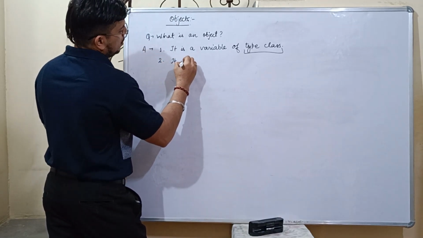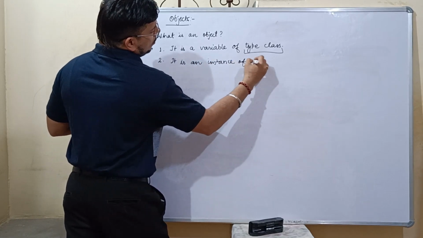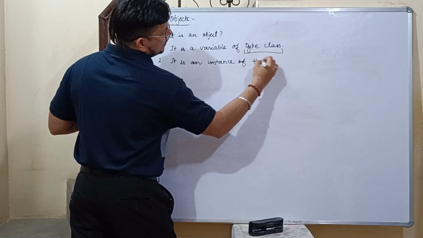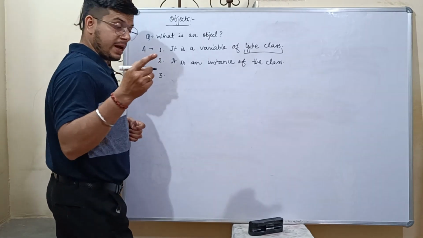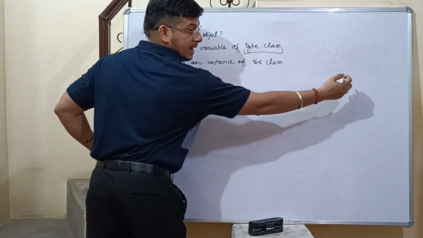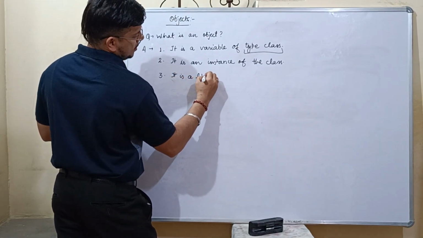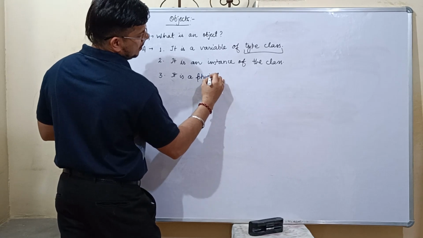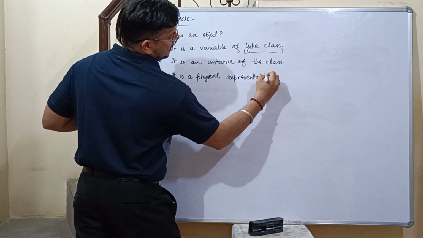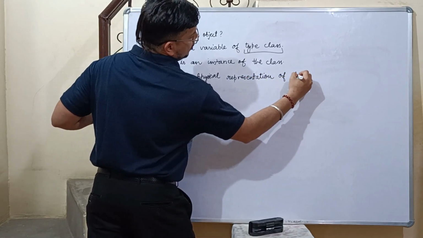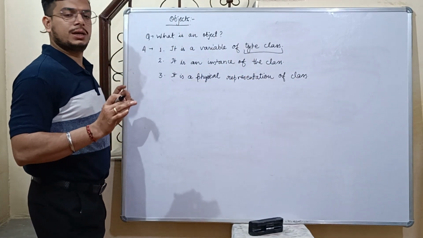So it is an instance of a class. Number 3: as I explained with the example of int A, B, C, it is a physical representation of a class. Got it? So this is what an object is.